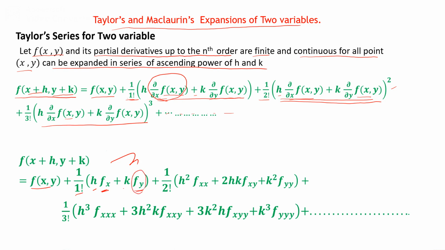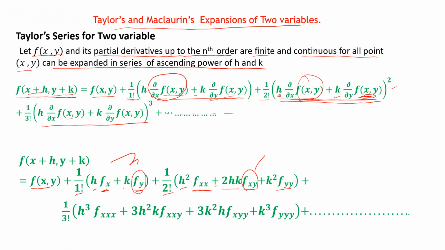Here f suffix y means the partial derivative of the function with respect to y, plus 1 by 2 factorial. If we expand this, we write h square times the second partial derivative of f with respect to x, plus k square times the second partial derivative of f with respect to y, plus 2hk f xy. Here this is the second partial derivative of the function, one time with respect to x and one time with respect to y.